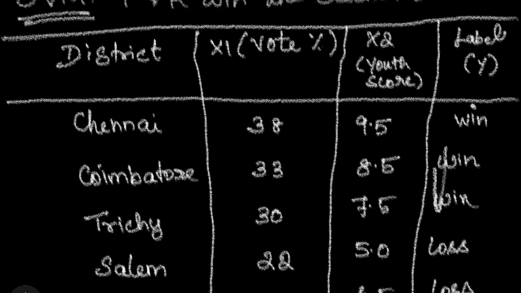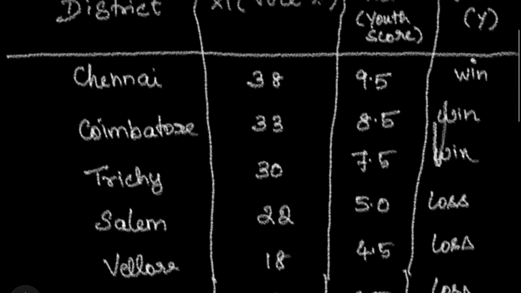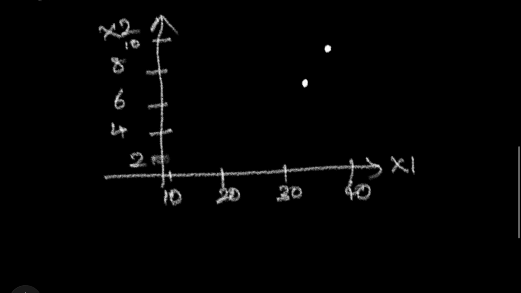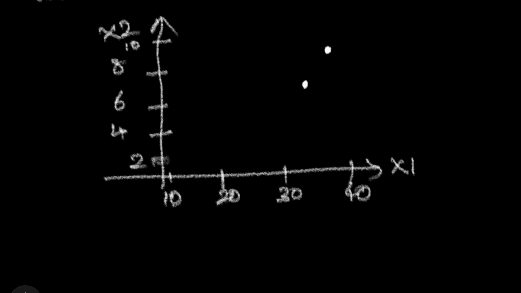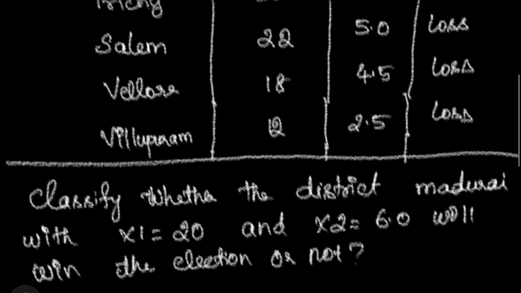And the next one is Coimbatore, 33, 8.5. So 33 and 8.5, we will have it here. And Trichy is 30 here and we have 7.5. And here I have Salem 22, 5.0.